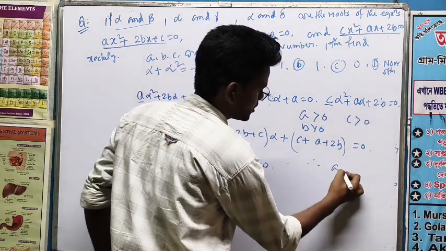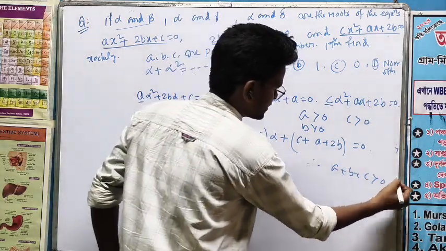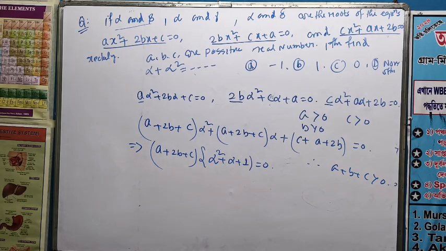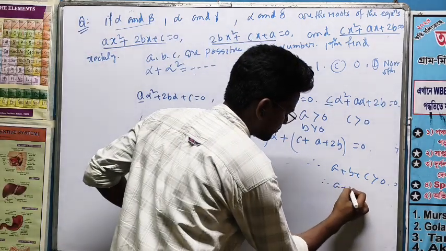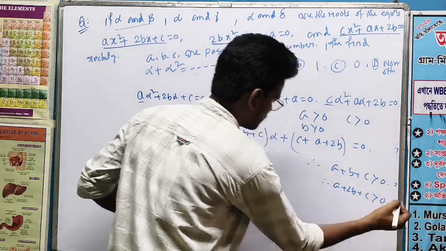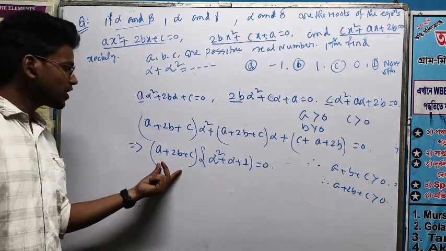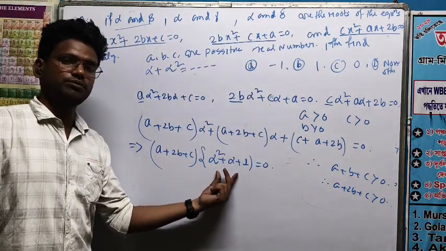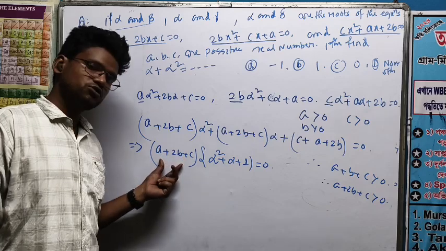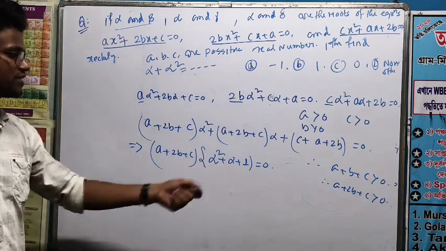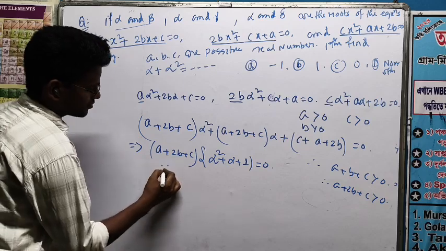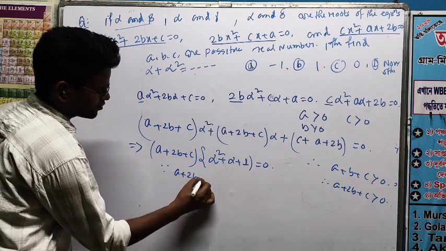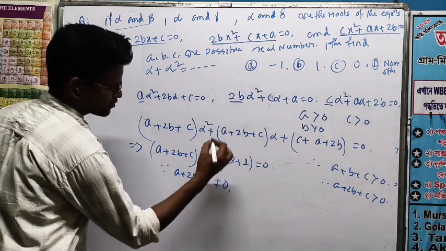Then obviously a plus 2b plus c is greater than 0. That means the product of two numbers is equal to 0, and obviously this is not equal to 0, so the other factor is equal to 0.